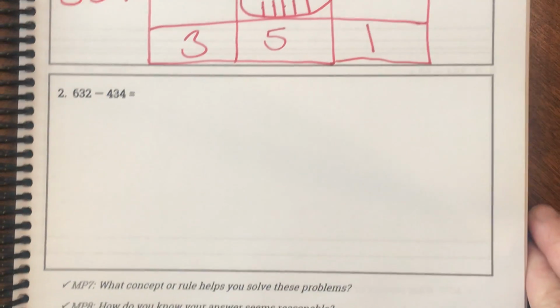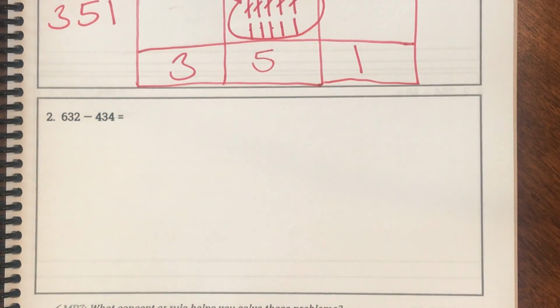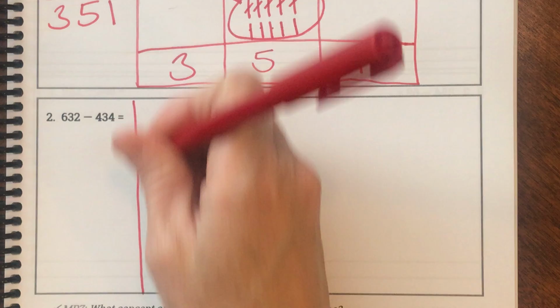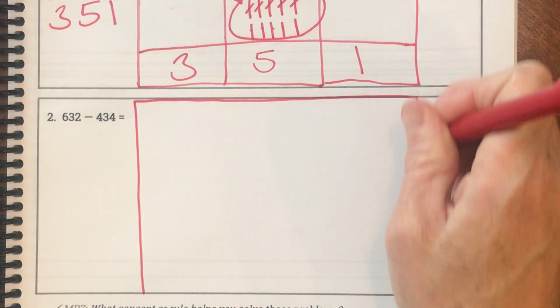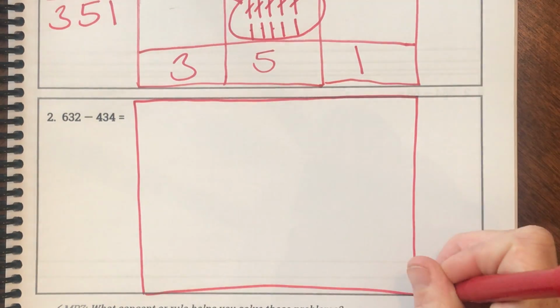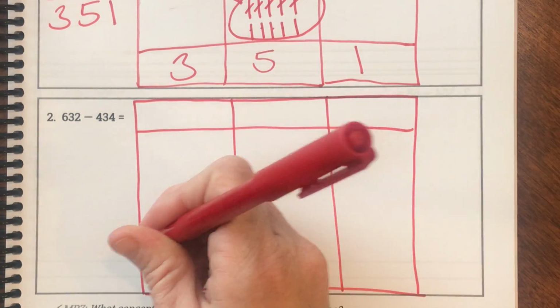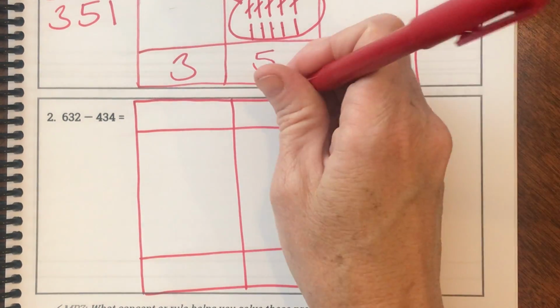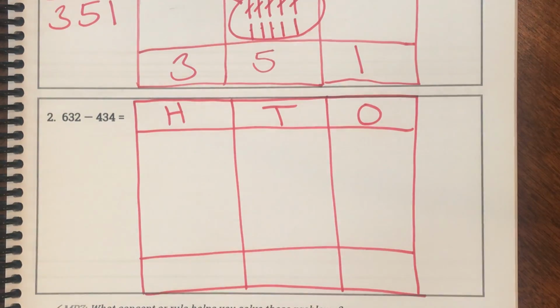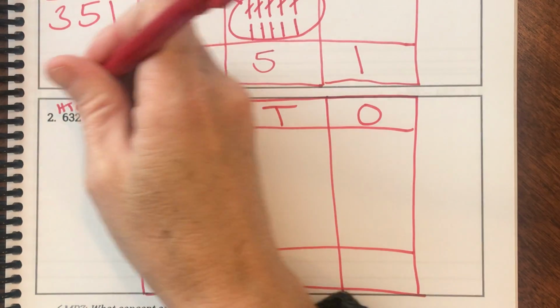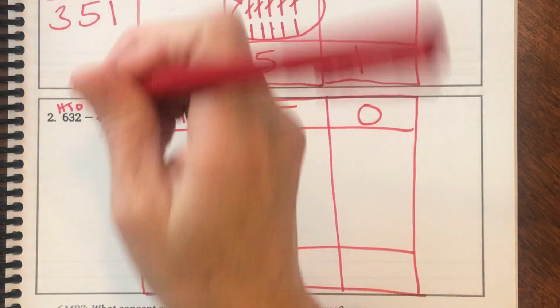Okay, let's look at my next problem. It's 632 subtract 434. Okay, so I need a larger place value chart since I have 3 columns now. So let's draw it. I have my ones, my tens, and my hundreds. Okay, for the place value strategy, it's a little different. I'm going to write my minuend and I write my subtrahend.